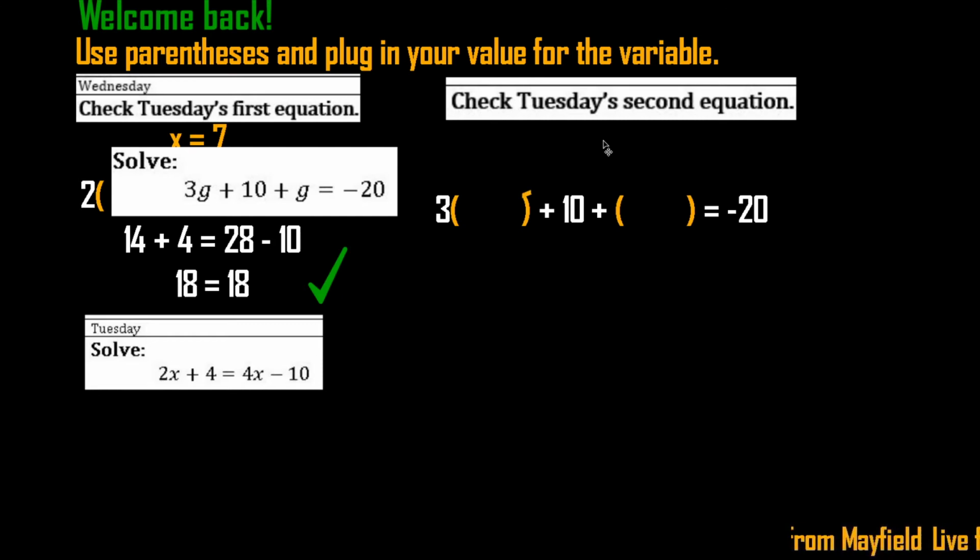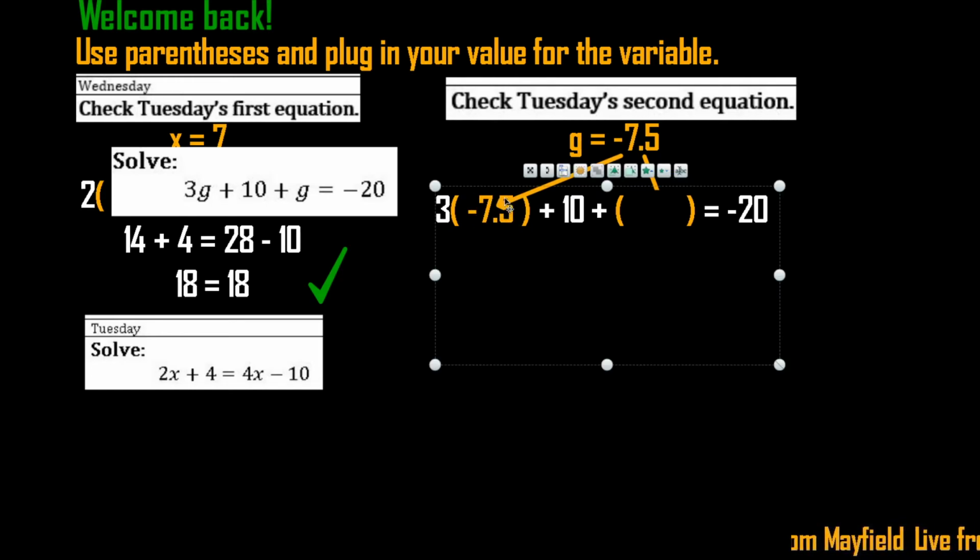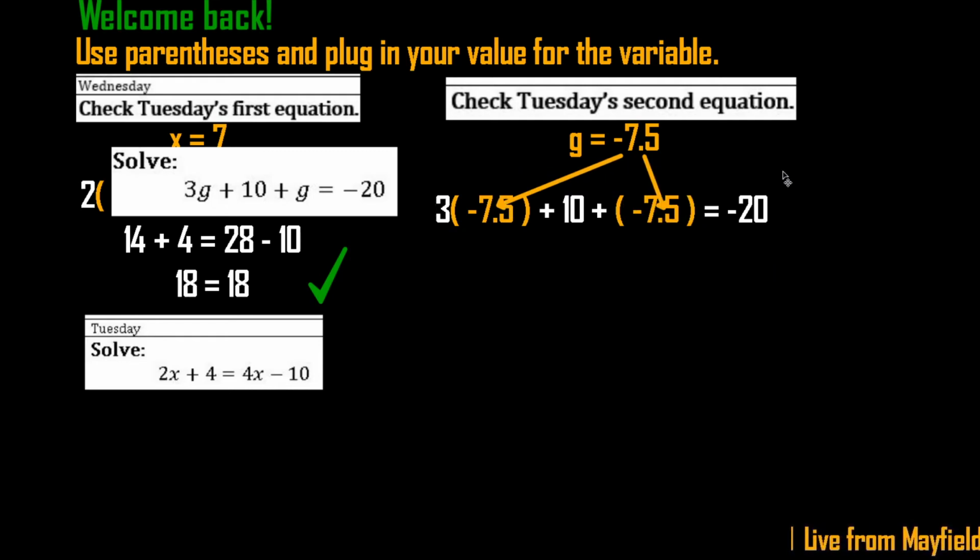Thinking back, yesterday we said g equals negative 7.5. So now anywhere we had a g in that original equation, we now have negative 7.5. So on the left side of the equation, we have 3 times negative 7.5 plus 10 plus a negative 7.5 equals negative 20.